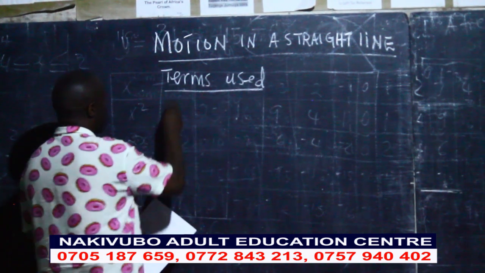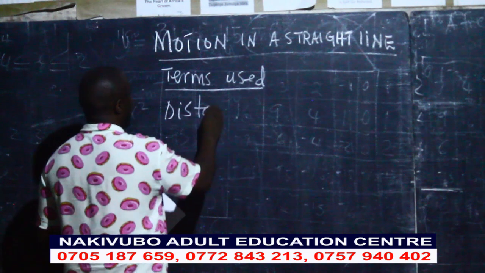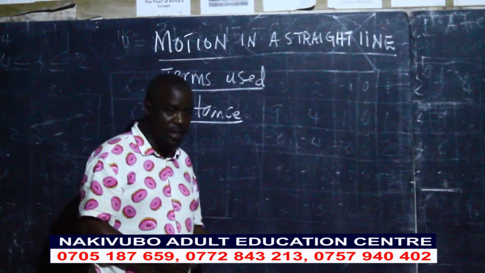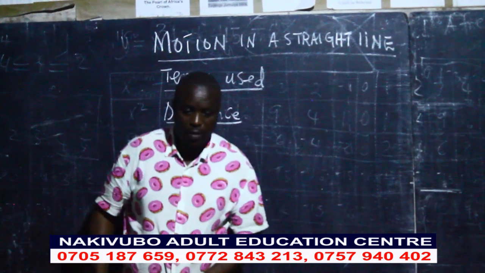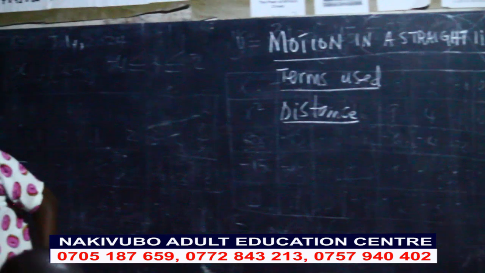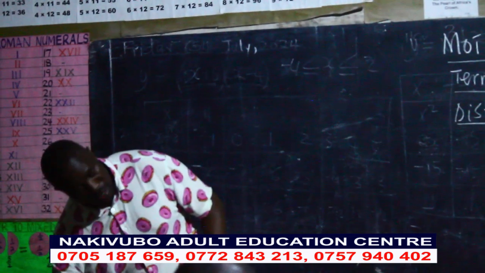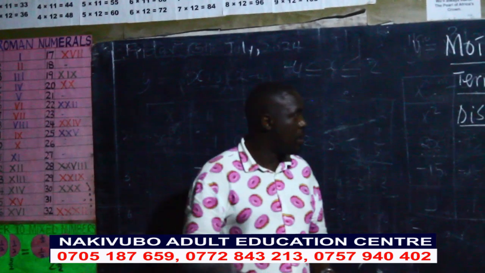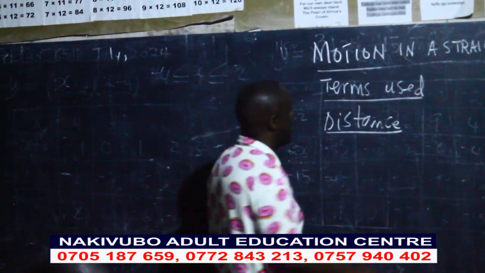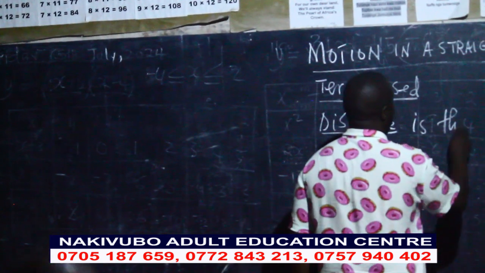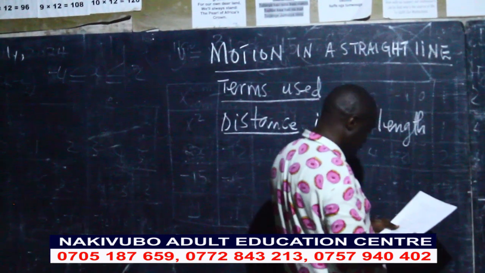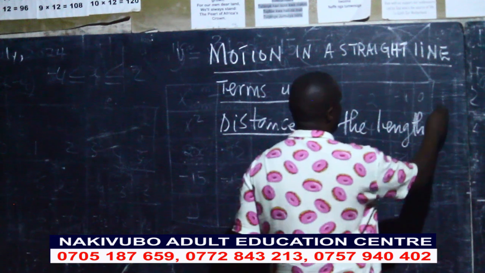The first term is distance. What does distance mean? Distance is the length between two points.